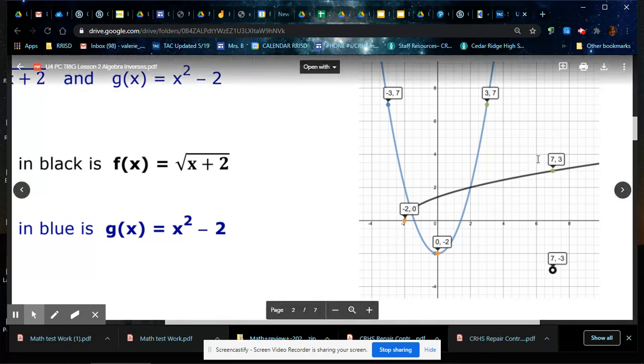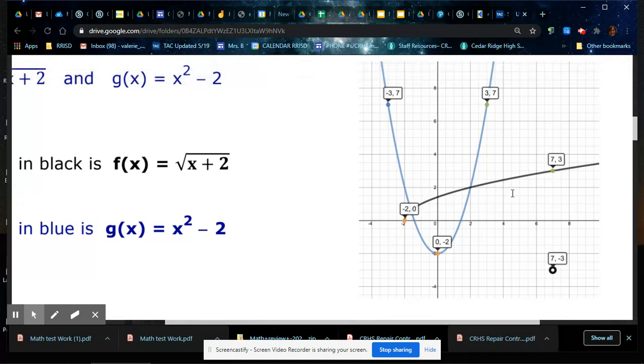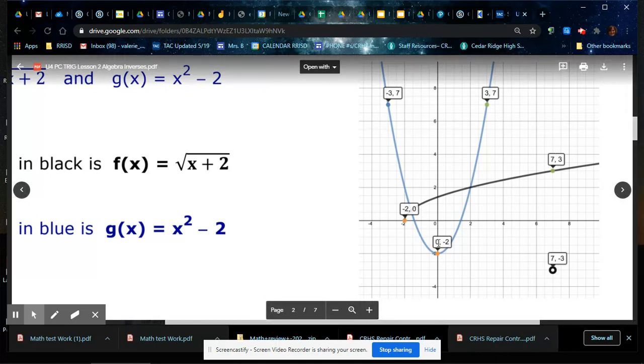Is the square root function a function? Is it passing the vertical line test? Yes. How about the blue one, the quadratic one? Is that a function? Yes, it is passing the vertical line test. But we do have this conflict here if we're talking about inverses. Some of these, right, you're switching the coordinates, but not everything.